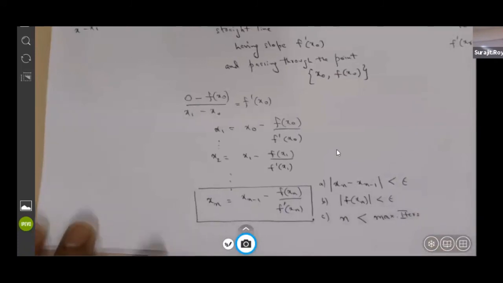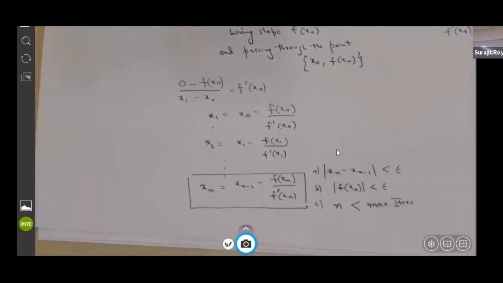Does that make sense, guys? Yes, it does, Professor. Let me know if you have any questions, guys. Professor, do we use all three stopping conditions or just pick one?